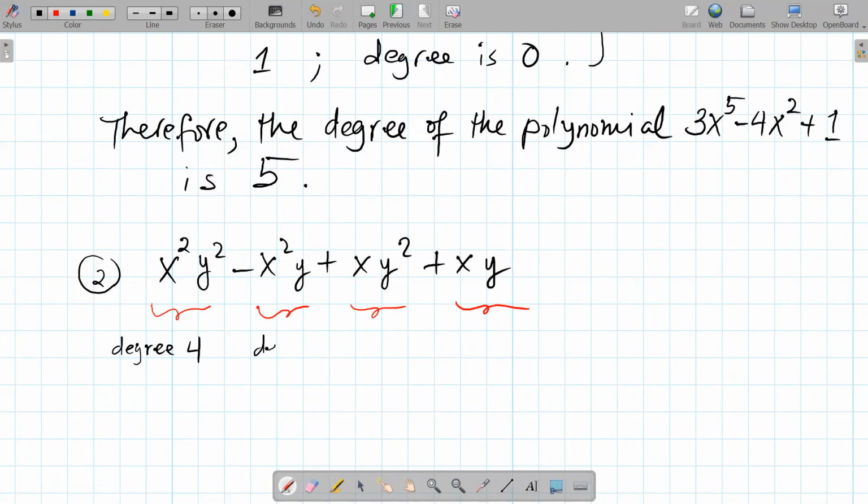Here, the degree is 3: x has a power 2, y has a power 1, so when you sum it up, degree 3. Here, the degree is also 3: x has a power 1, y has a power 2, 1 plus 2 is 3. Here, the degree is going to be 2, because x has a power 1, y has a power 1. You sum them up, it gives you that.